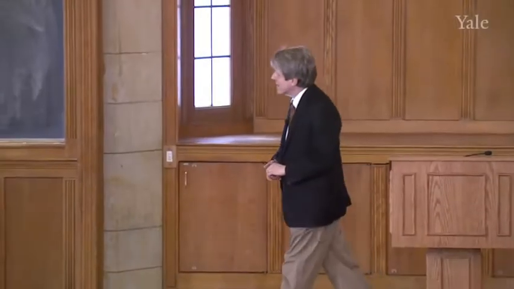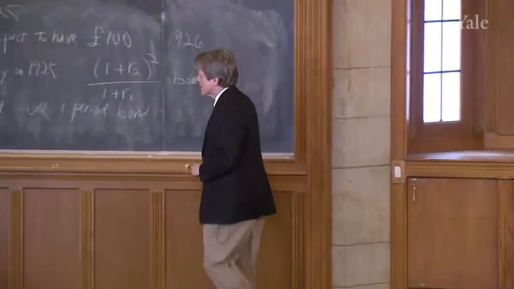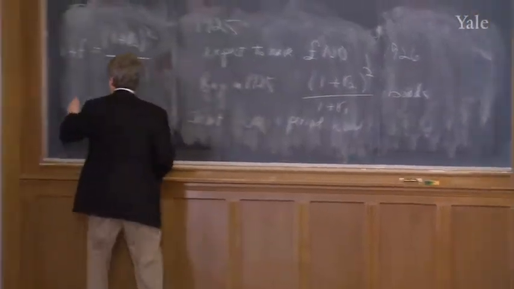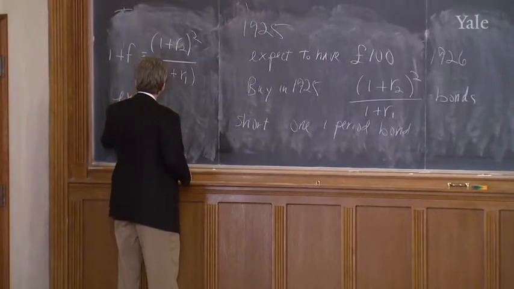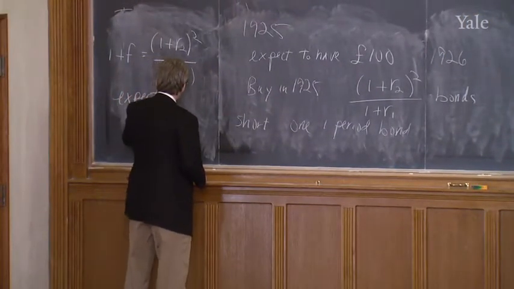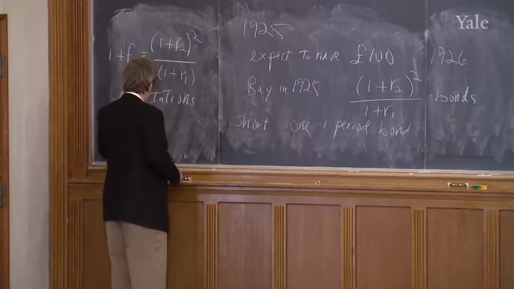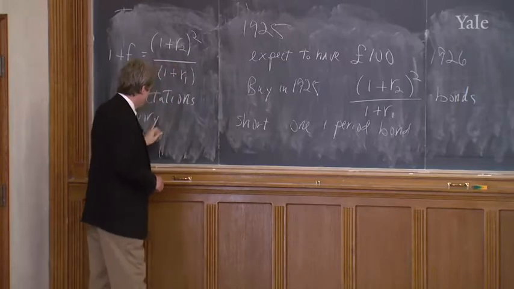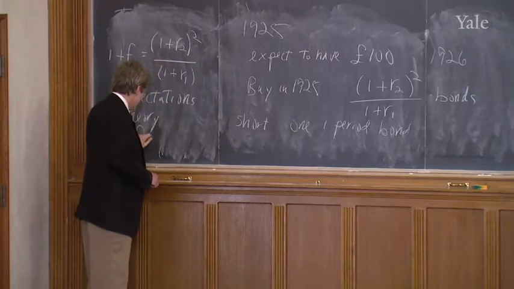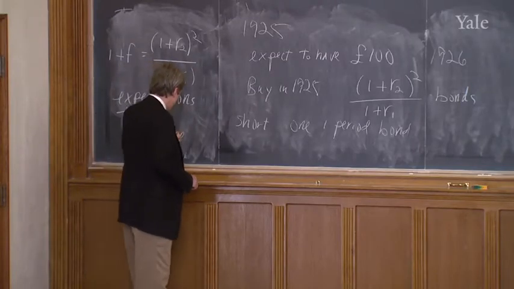The expectations theory of the term structure is a theory that, I'll write it down, expectations theory says that the forward rate equals the expected spot rate.